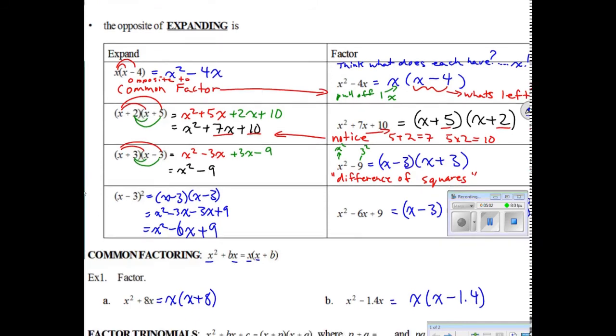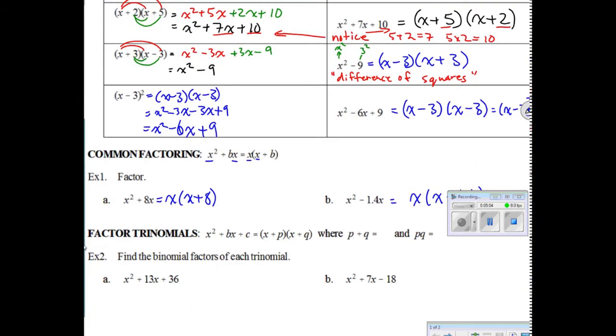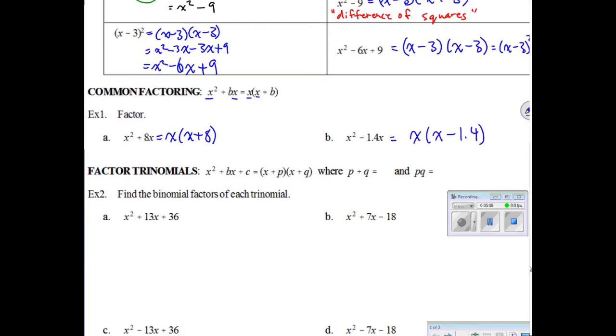So now, let's go and factor trinomials. You understand common factoring, we got that. Now we're going to factor a trinomial. Finding the binomial factors of something really means making two brackets of everything, right? That is what I'm underlining here.